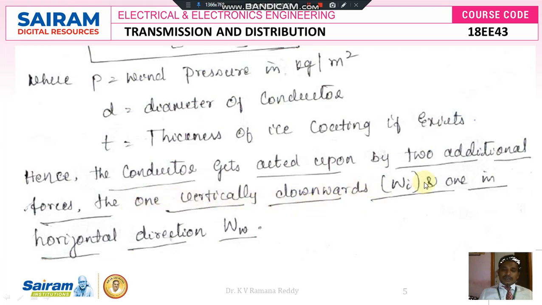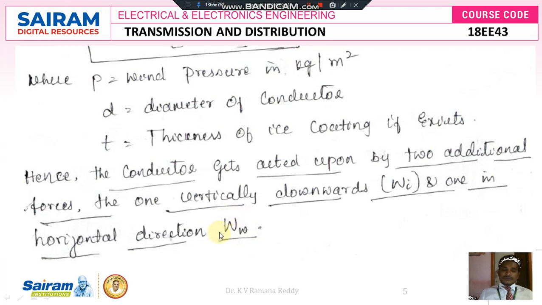Then another force which acts on this conductor is because of wind pressure, which touches the surface area of the conductor in the horizontal direction. Therefore the conductor and the wind direction are perpendicular to each other, and the wind force W suffix W is also one of the forces acting on this conductor.